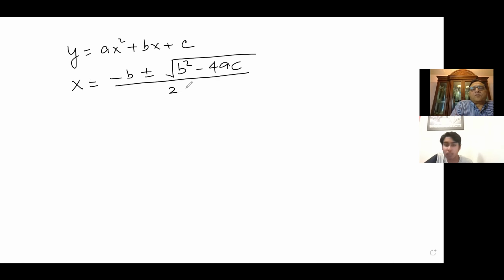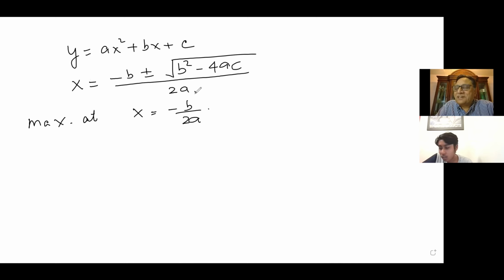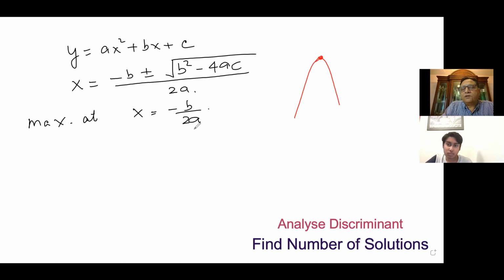The maximum will be at x equals minus b by 2a. Is it okay? That is like a vertex. Maximum means maximum or minimum, like a turning point. So at this particular point, the x value is minus b by 2a. You can plug it in and get the y value.